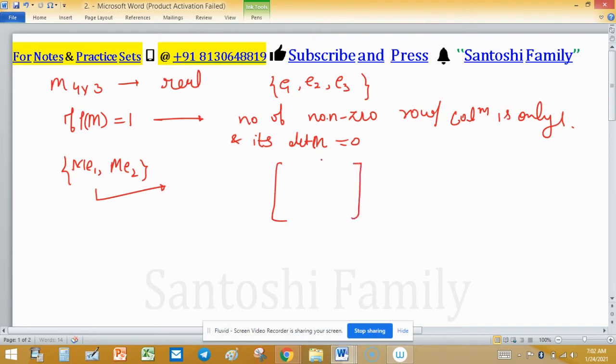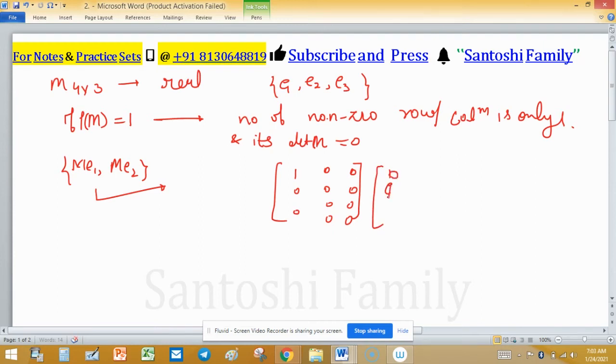Because rank is 1, I am free to make a column 0 0, and this column I also make 0 0, and this one suppose 1 0 0.